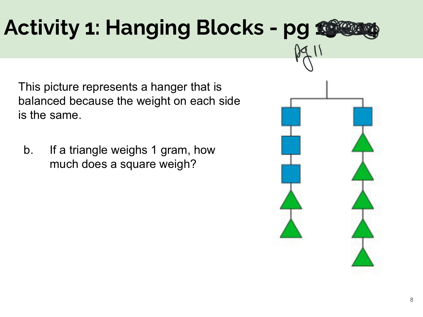All right, so I'm going to go ahead and label some stuff. So it says a triangle weighs 1 gram. So I'm going to put a 1 in all of these. And then it says a square, I don't know what a square is. So I'm going to put X's in here, because when we don't know something, we'll put variables in there.